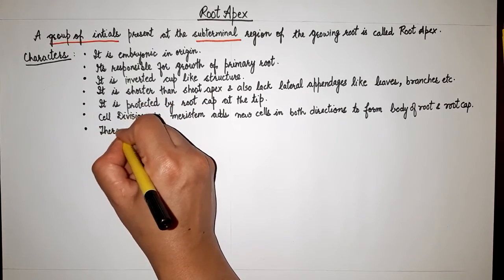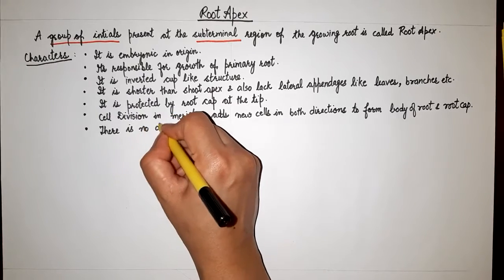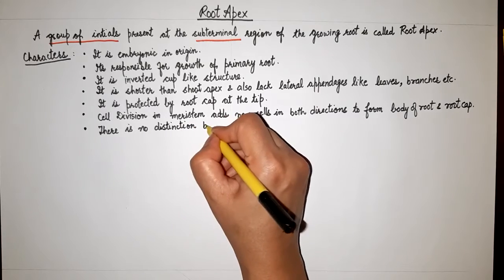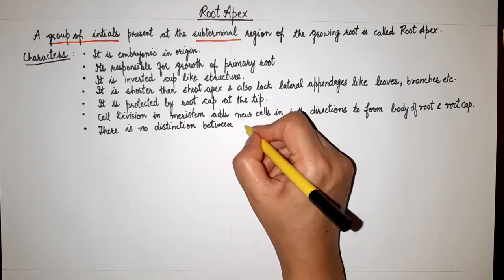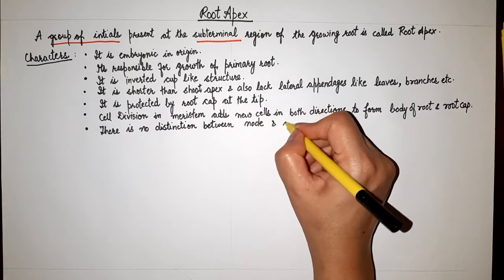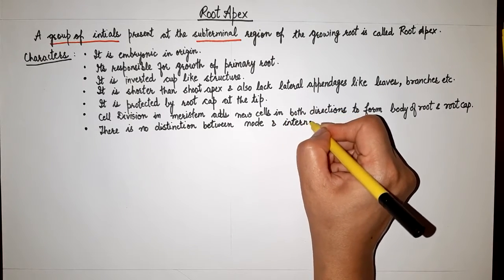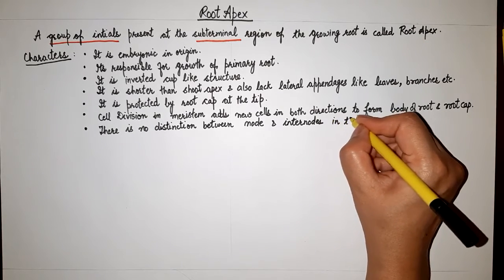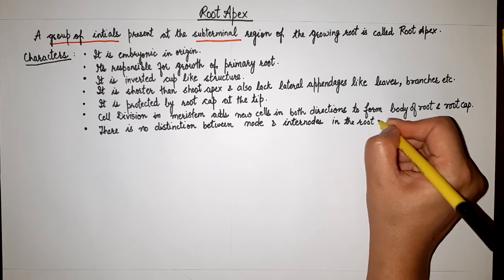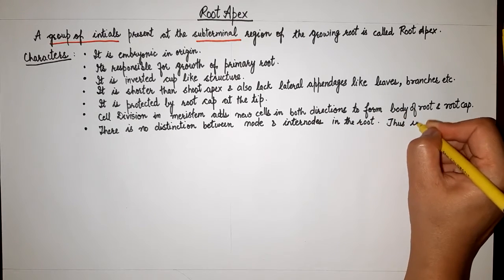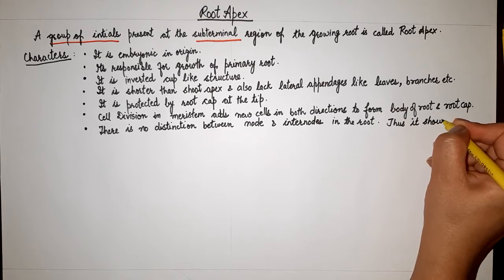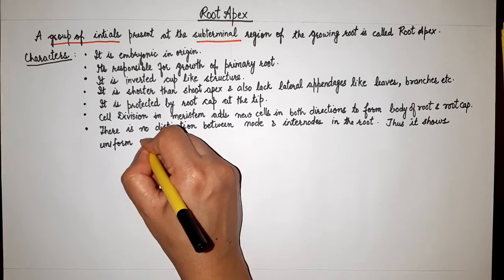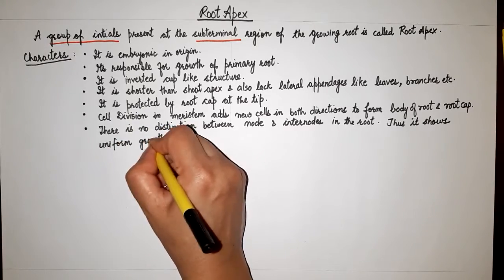There is no distinction between node and internode in the root. Thus, it shows uniform growth in length.